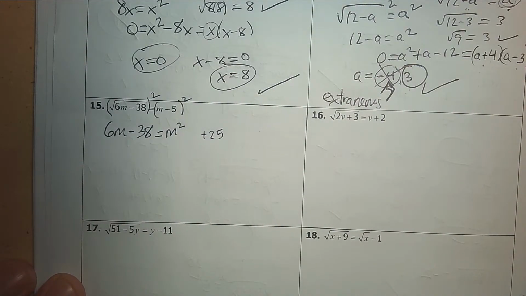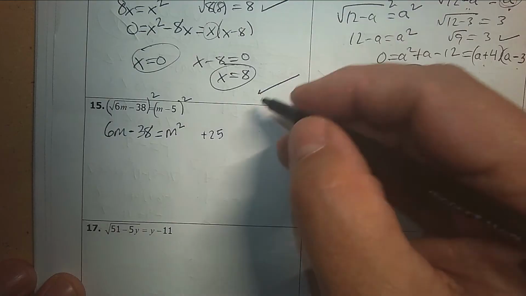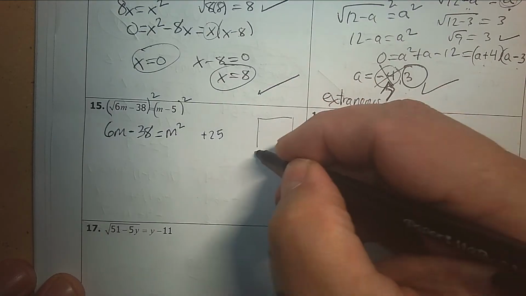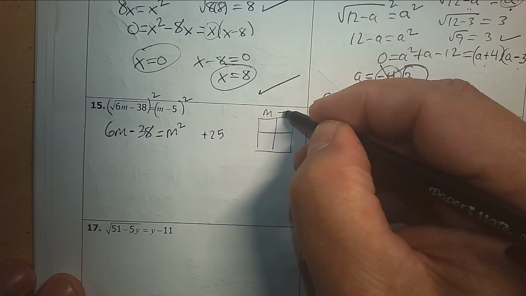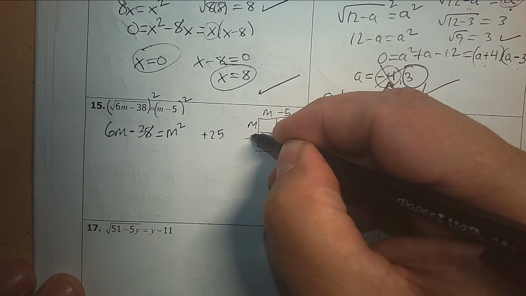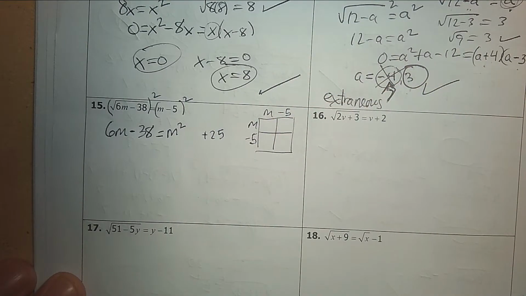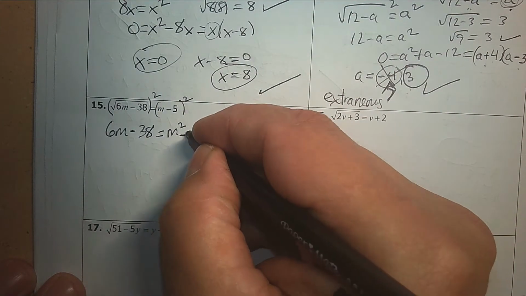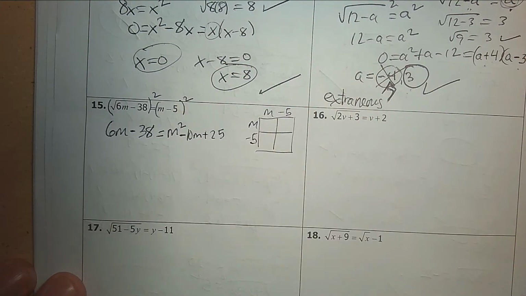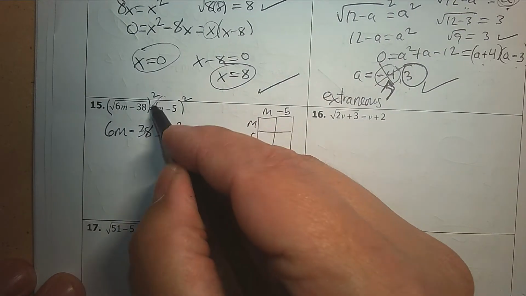But I also think you're missing something. M subtract 5 times m subtract 5. Do you have to do this, or can you do it in your head? M subtract 5, m subtract 5. What am I missing? Negative 10m, right? Do you recognize when you have to FOIL?